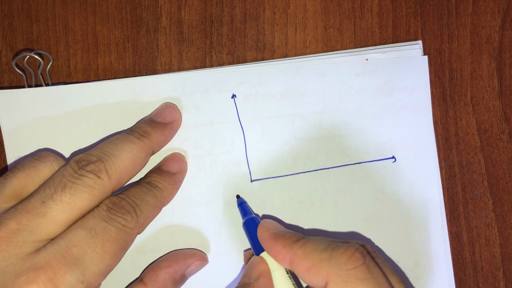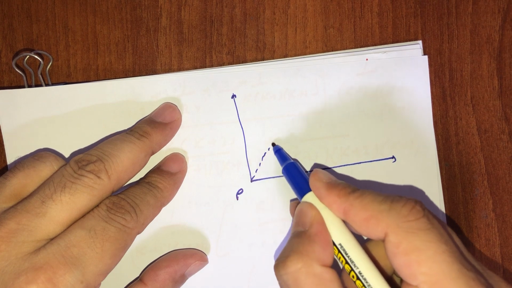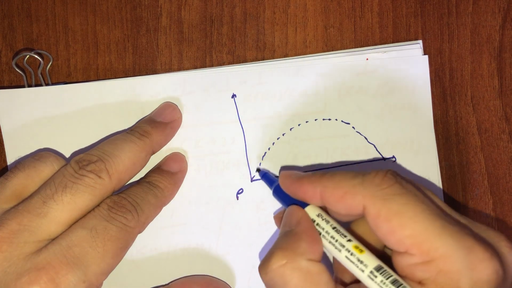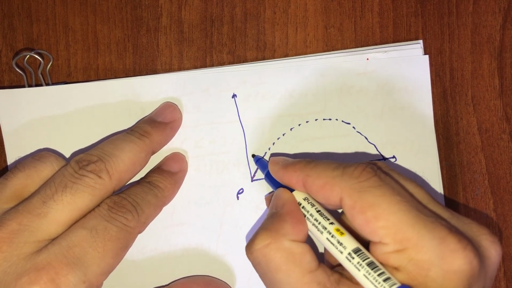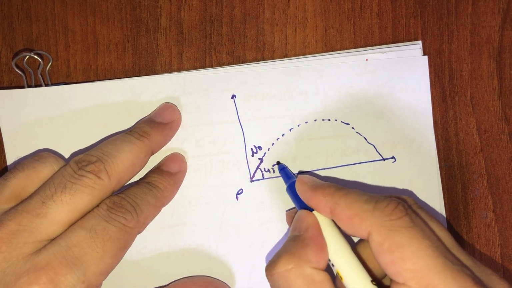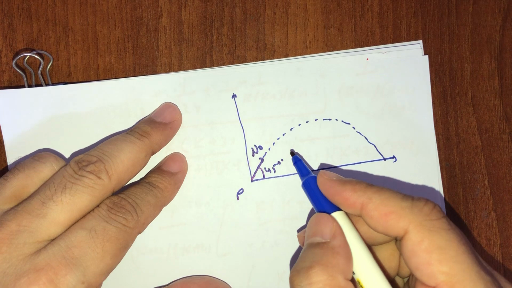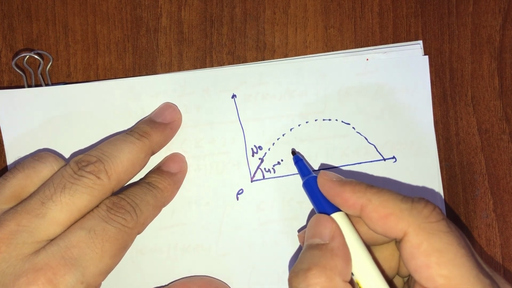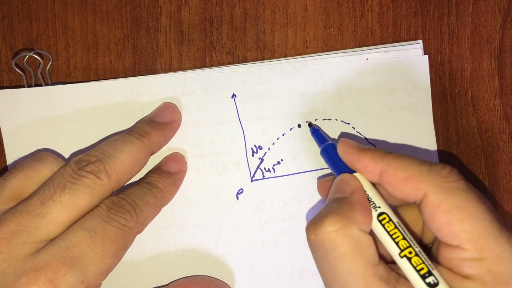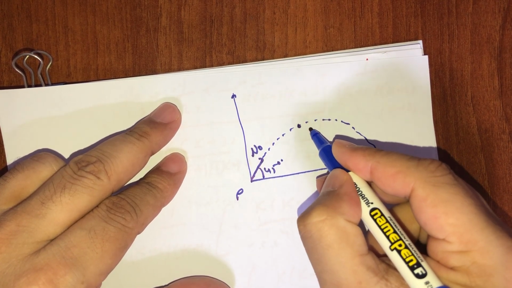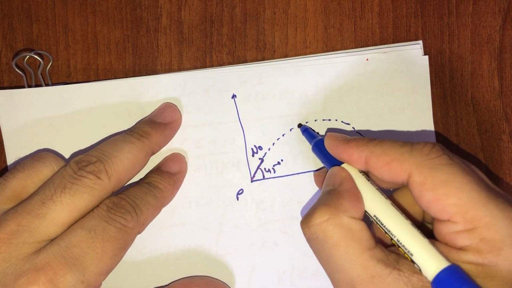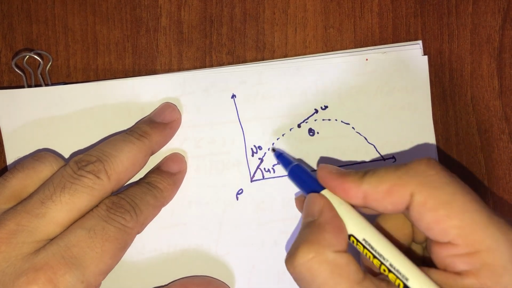So a particle is projected from point P. Let's suppose this is the trajectory with the initial velocity of v0 making an angle of 45 degree, and suppose it reaches this point, that is point Q, after time t, and this will be its velocity component.